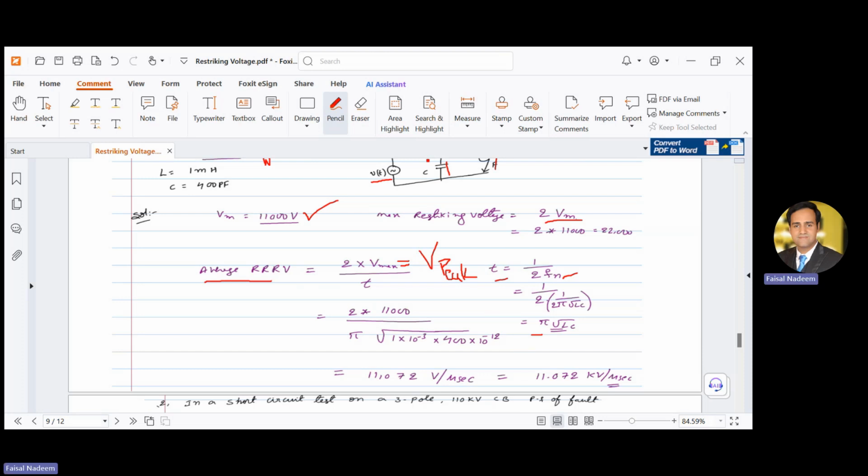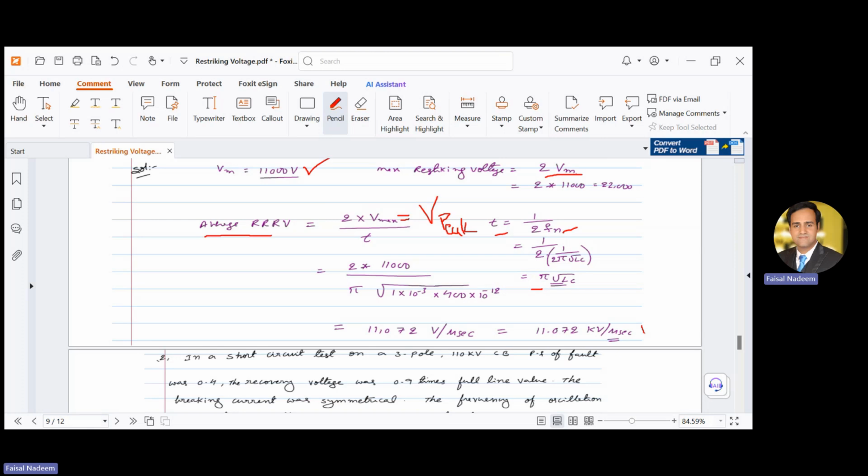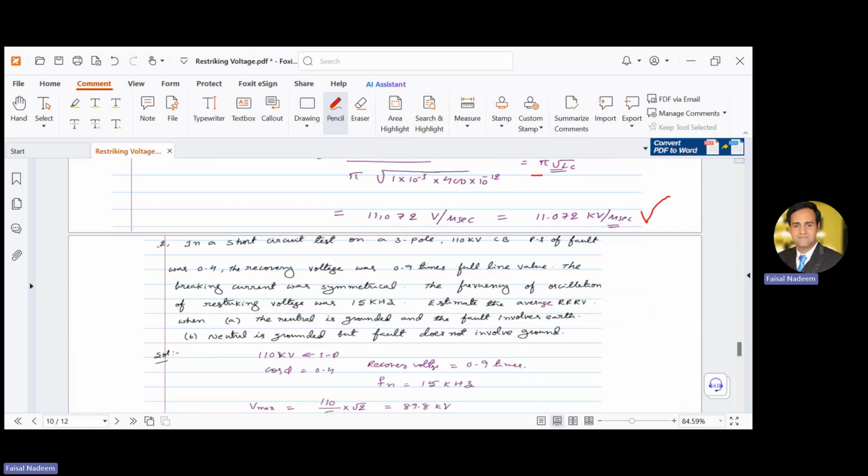We have the values of L and C, and you know the value of pi. After putting the values in this equation, the average rate of rise of restriking voltage is equal to 11072 volts per microsecond, which is 11.072 kilovolts per microsecond. I hope this numerical is clear to you. If you have any problem, you can ask in the comment section of this video.